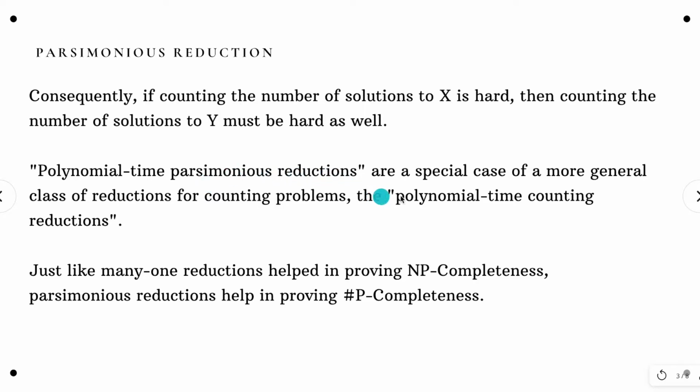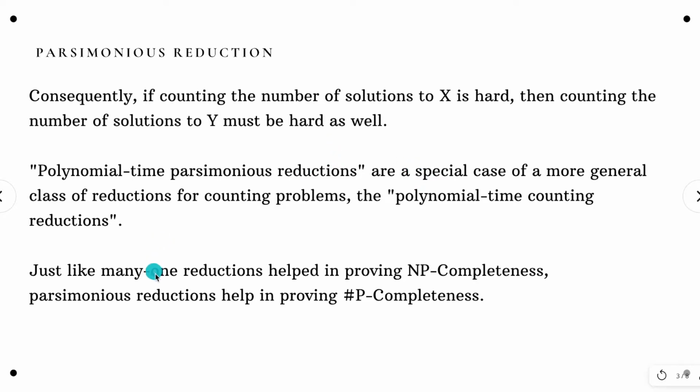And what are polynomial time counting reductions? They are a more general class of reductions for counting problems. So polynomial time counting reductions are the general class, and polynomial time parsimonious reductions are a more special case of this general class.